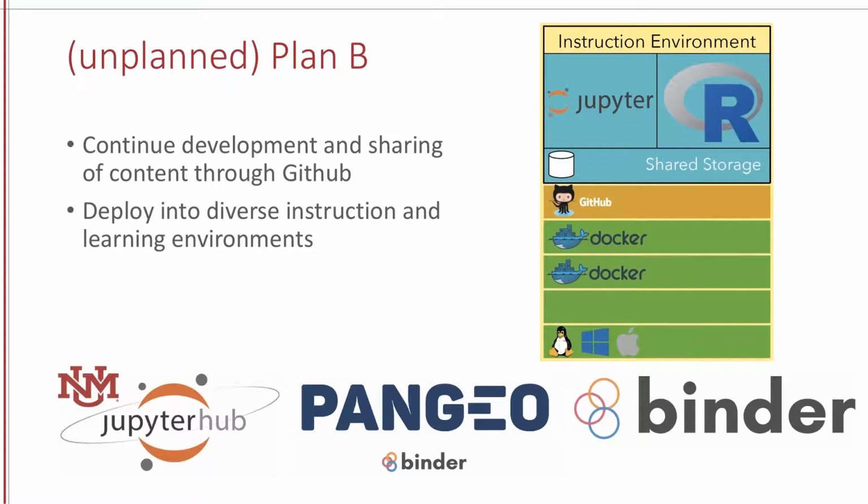That positioned us really well to be able to have a lot of options, as those options have emerged for connectivity into GitHub repositories, just like Pangeo or Binder provide, for being able to have interactive notebook sessions.